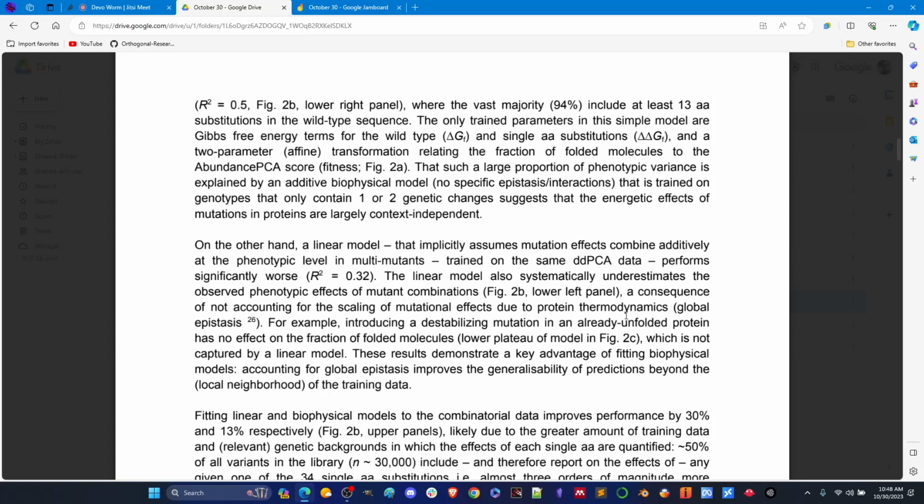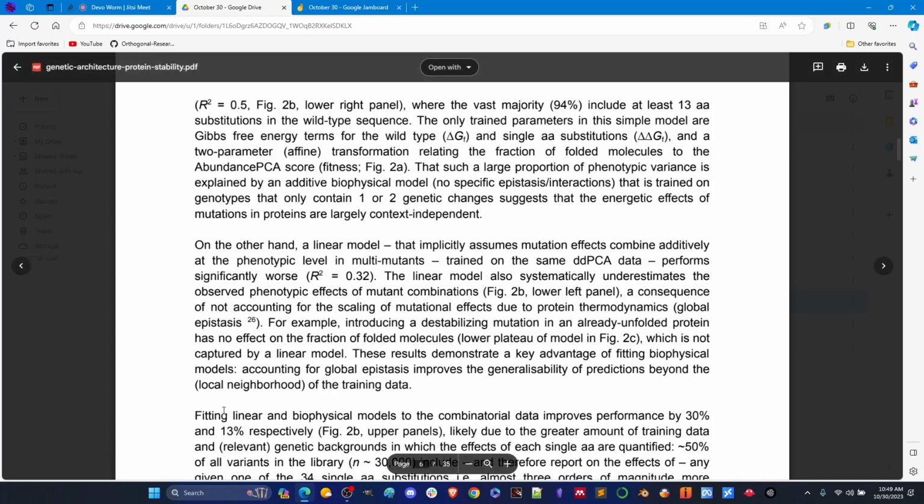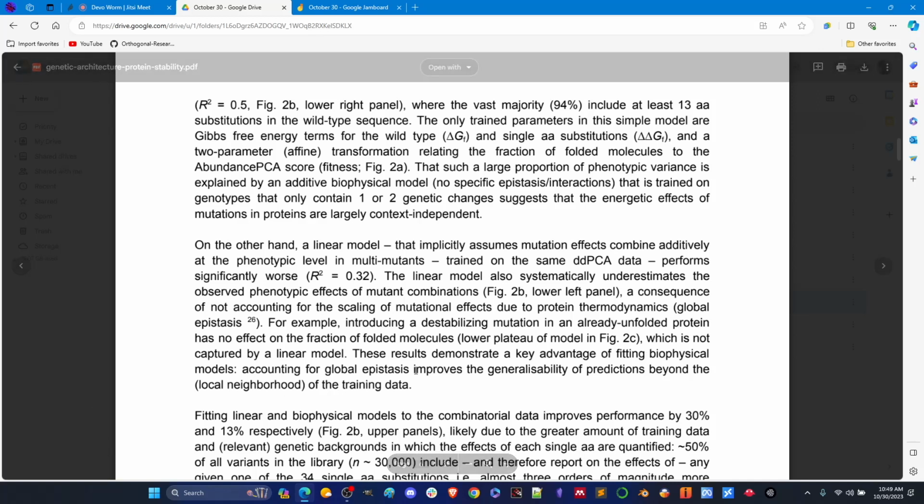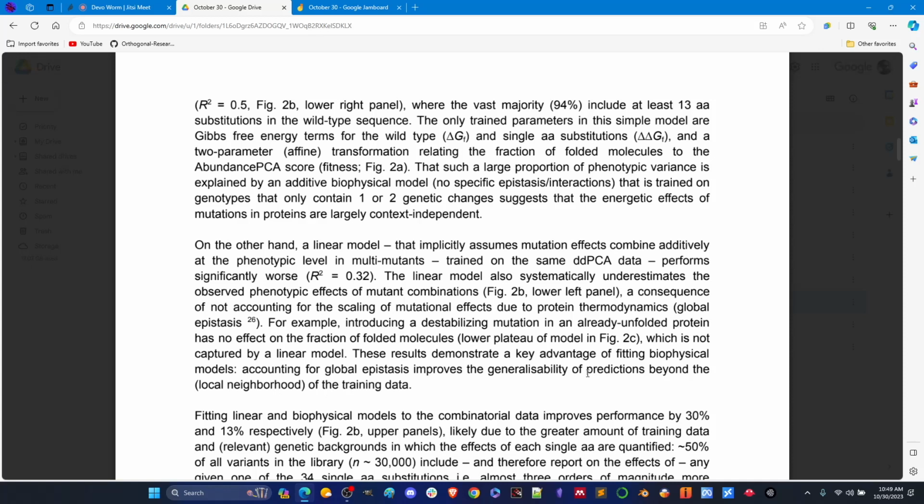And so this is where we don't consider epistasis at all. For example, introducing a destabilizing mutation in an already unfolded protein has no effect on the fraction of folded molecules, which is not captured by a linear model. These results demonstrate a key advantage of fitting biophysical models. Accounting for global epistasis improves the generalizability of predictions beyond the local neighborhood of the training data.